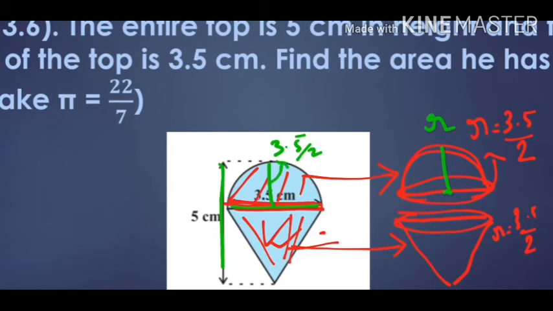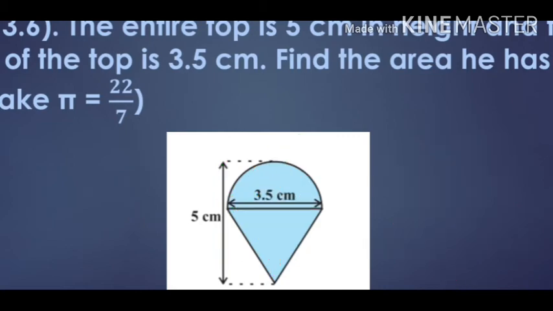Okay, this distance. That means the height of the right circular cone will be 5 cm minus 3.5 by 2. In this way you will get the height of this right circular cone.